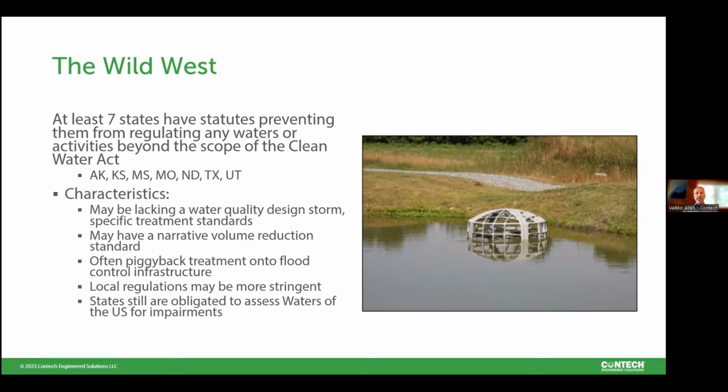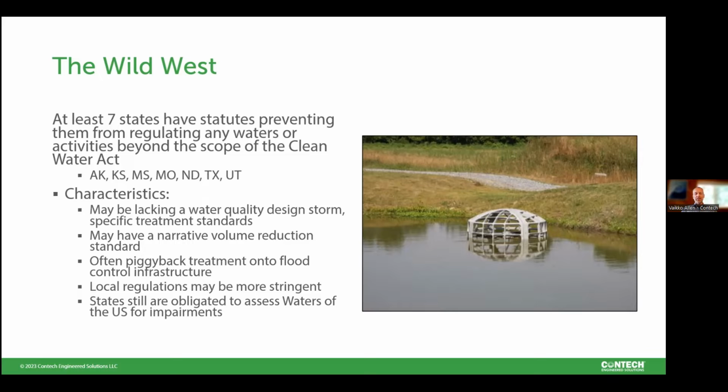And there's about 10 other states that have very similar statutes that say that they must be consistent with the Clean Water Act, and that's often interpreted as not having permission to go beyond with regulations. This probably sounds very foreign to those of us in California, Washington, along the East Coast as well, that have very, very stringent standards.